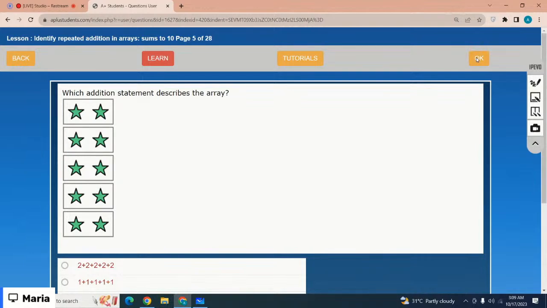That means you need to add two. How many times? 5 times. So which option is the correct one? Very good. The correct option is option number 1, right?